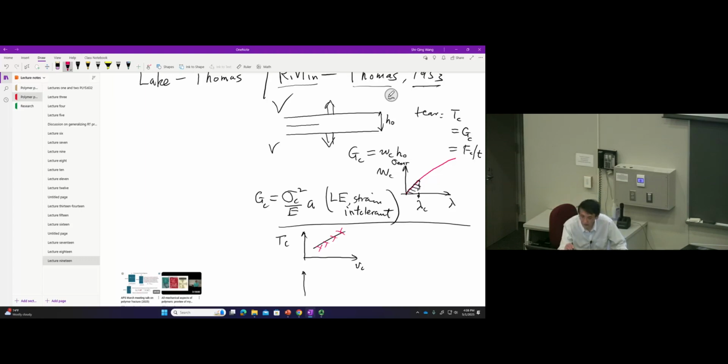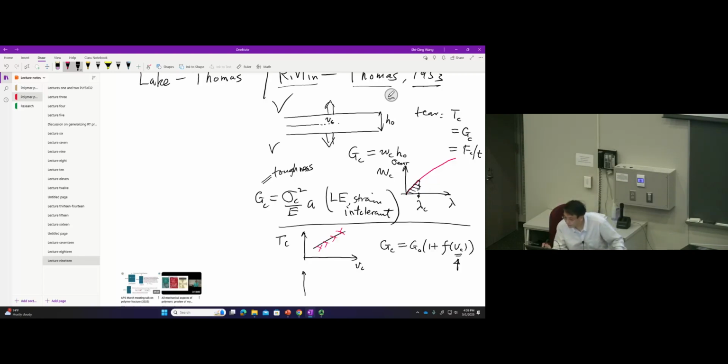And this amounts to saying that this is where my comments come in. This amounts to saying that basically, in their language, the toughness or this energy release rate, I'm sorry I verbalize so much, this is called toughness and energy release rate, right? Is a growing function of how fast you tear. Or conversely, in this pure shear experiment, how fast you watch the crack propagate directly correlates with how much you are stretching.